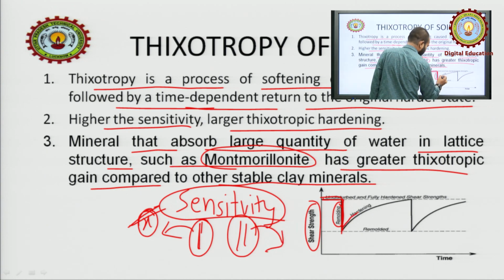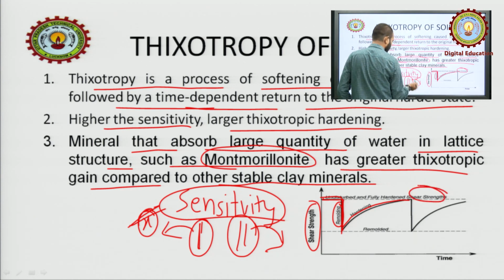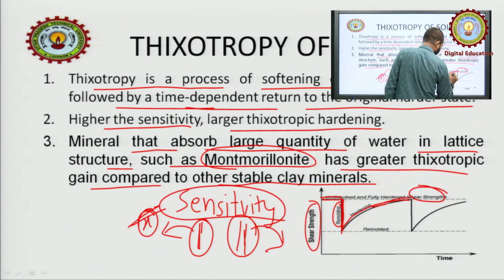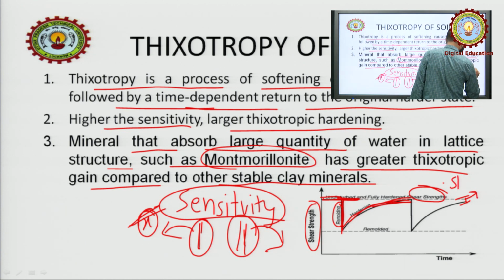Hardening means the regaining of the shear strength lost due to remolding only. So it will slowly get up to a place, but it will never equal the original, because a part of it will always be lost, which was due to structure. This will never be regained.